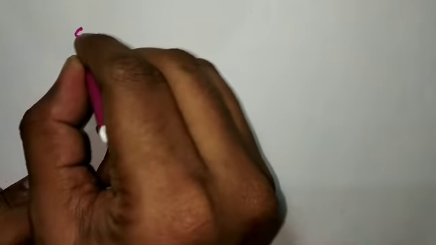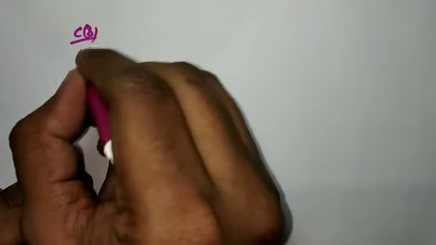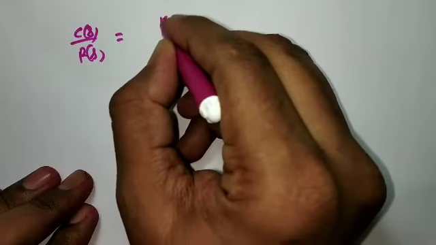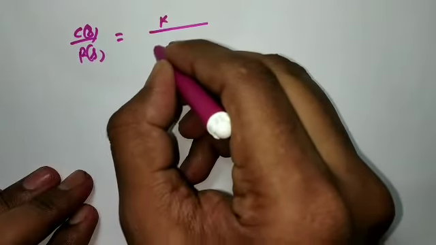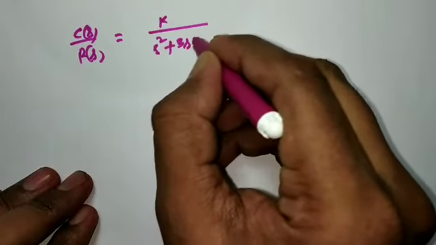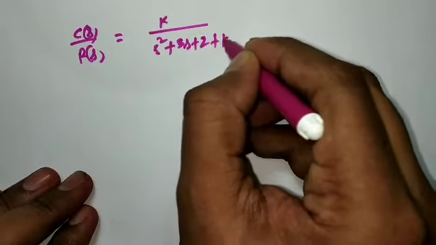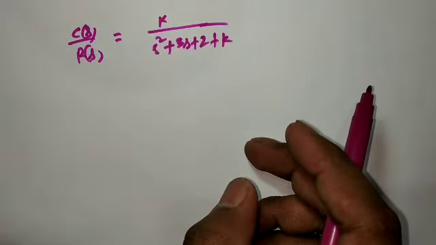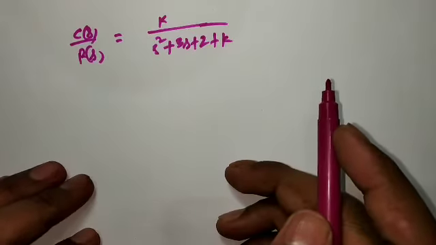So what do you get? Finally you will get C(s) by R(s) is equal to K by s square plus 3s plus 2 plus K. So this is the closed loop system.